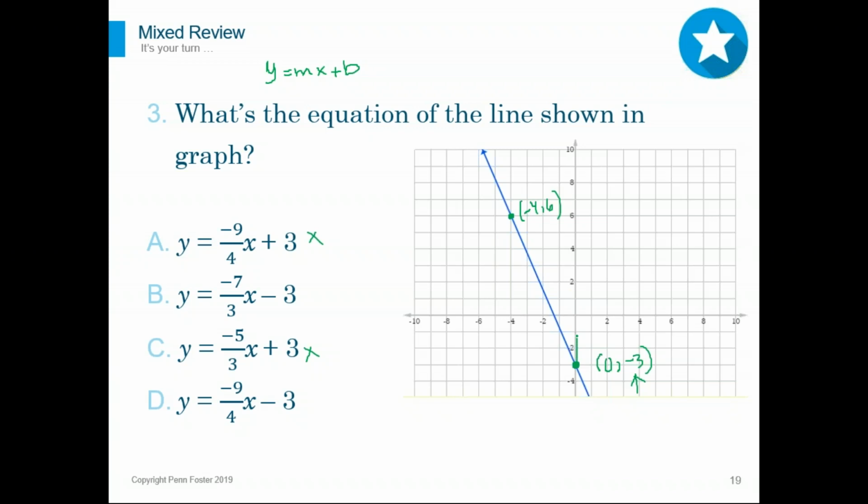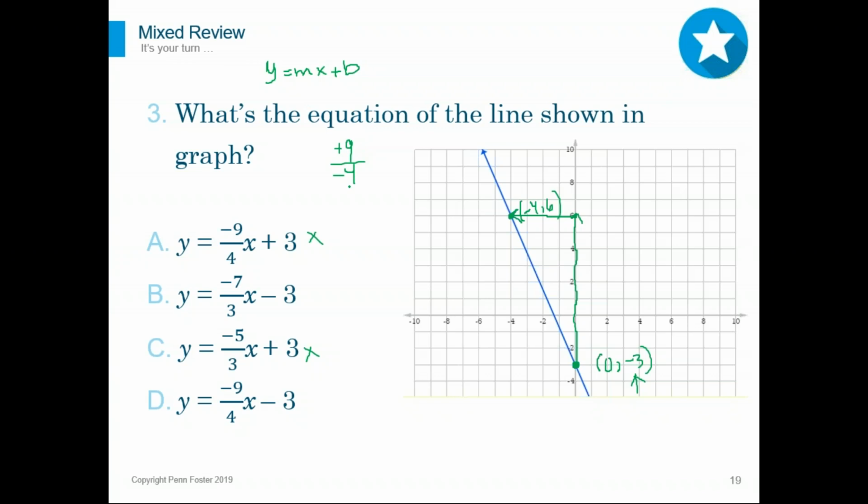So we have 1, 2, 3, 4, 5, 6, 7, 8, 9. So 9 units up, that means positive 9 for the rise. And then to the left, how many horizontal units? 1, 2, 3, 4. So that would be negative 4.